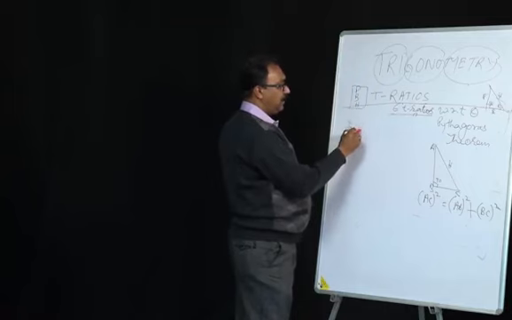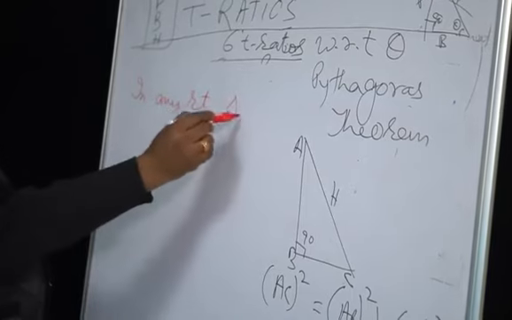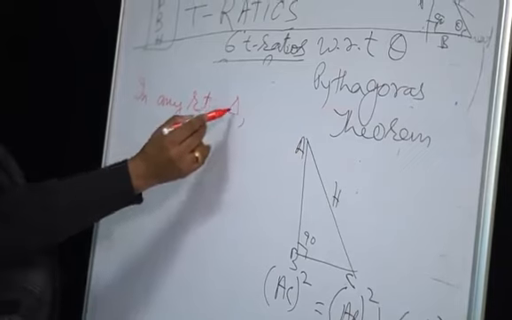In any right triangle, the symbol RT is the short form of right triangle.